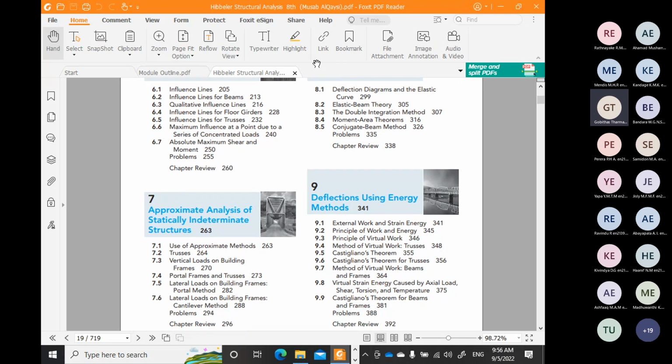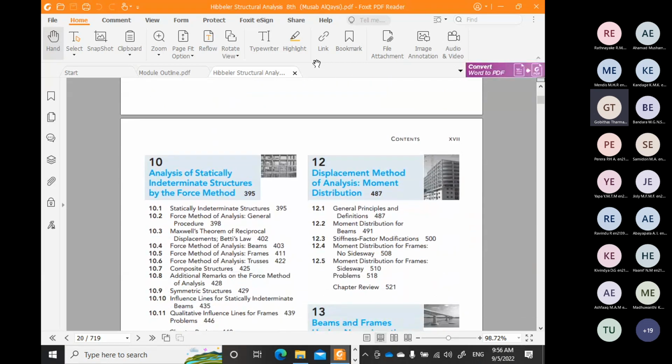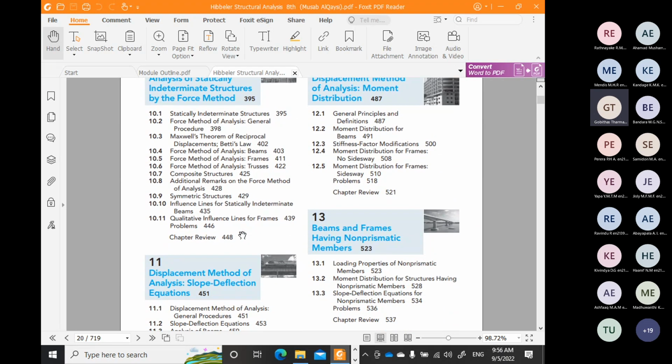Then Pasindu will take care from that point, and he will be looking at the moment distribution method and slope deflection method for frames after the 7th week. Your mid exam will be covering whatever we cover in the first 6 weeks. Okay, so let us start.